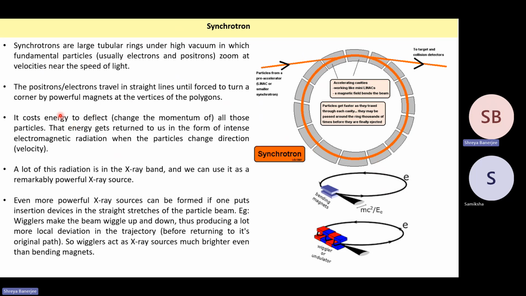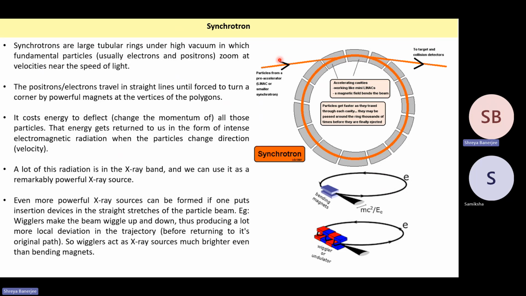And in order to change the direction of these particles, when you're deflecting the particle, there is an energy that is released that we get back in the form of electromagnetic radiation.